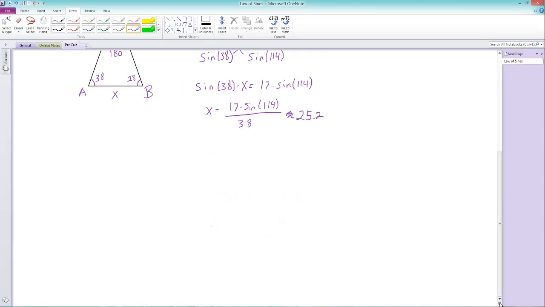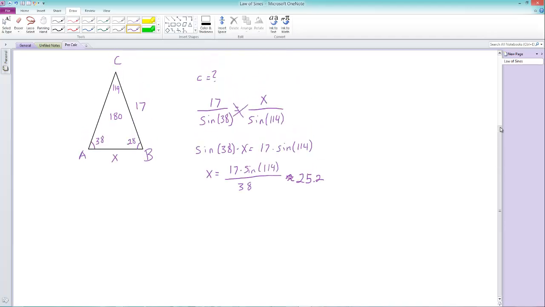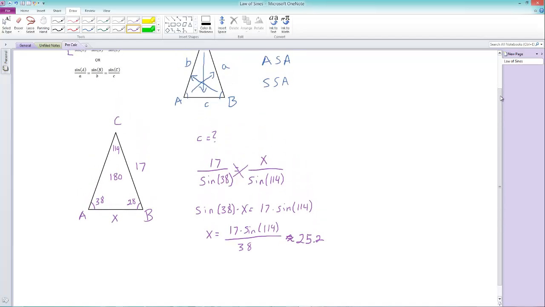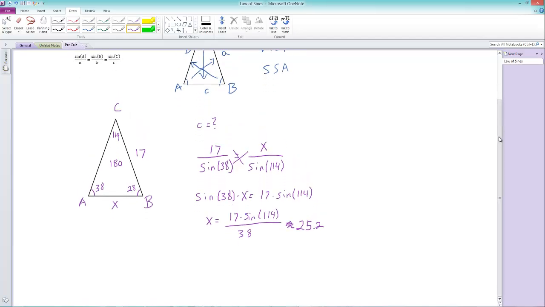Okay, so one more problem. This time we're going to solve for the measure of an angle. So, given a triangle ABC, same old song and dance, we'll label the triangle A, B, C. We know that the measure of angle A is 80 degrees.